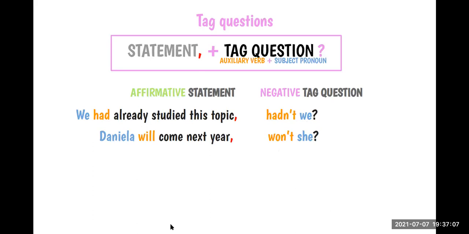What is the other way in which we can use tag questions? Do you remember? La otra forma en la que podemos utilizar estas tag questions. You have the example in exercise number 4 and number 6. When the statement is negative?